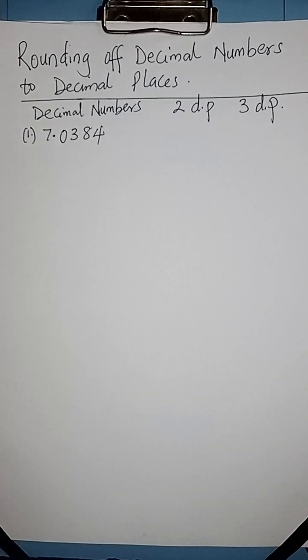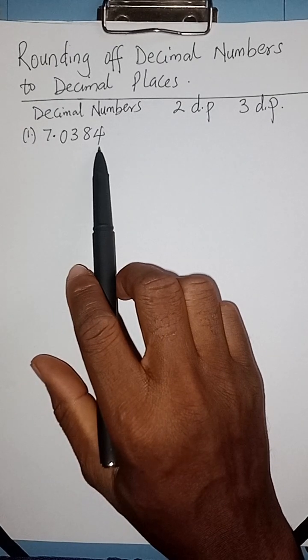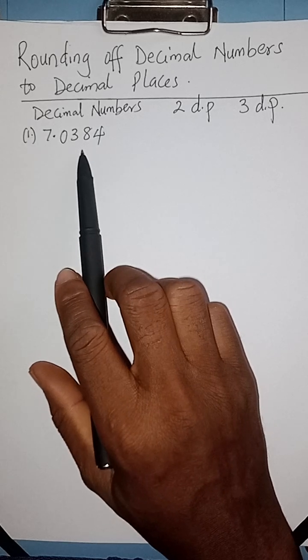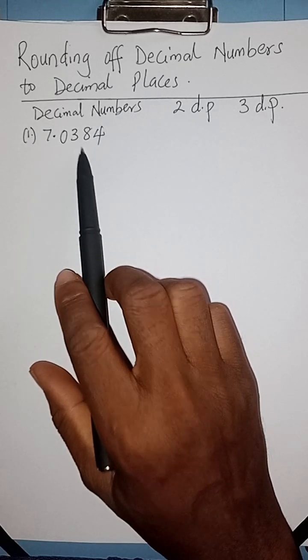The same principle governing rounding off decimal numbers to significant figures, tenth, hundredth, and so on is the same principle that is governing rounding off decimal numbers to decimal places. So here, since we have four decimal places, I'm going to write it to two decimal places.